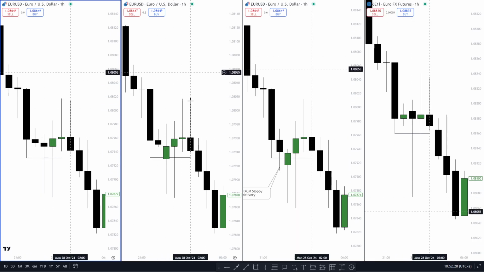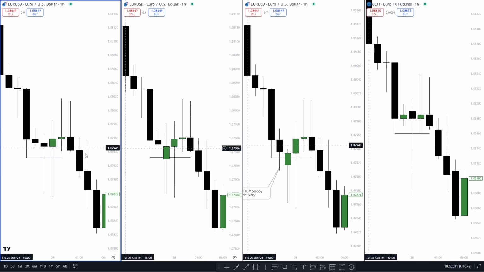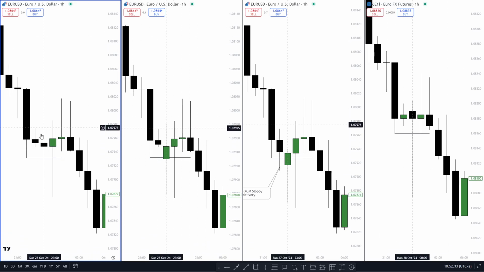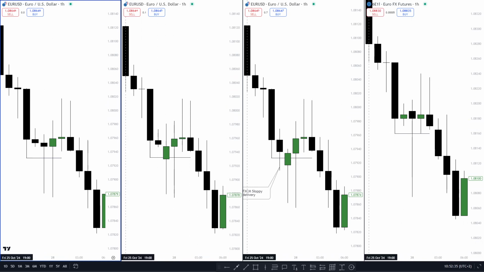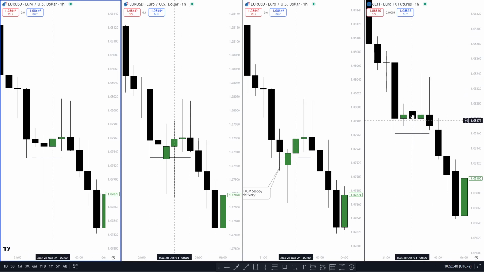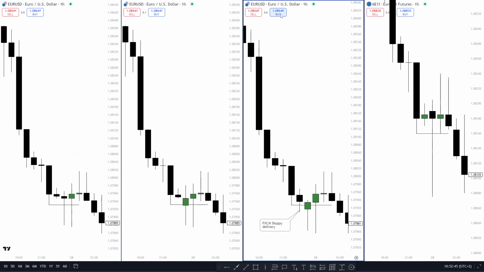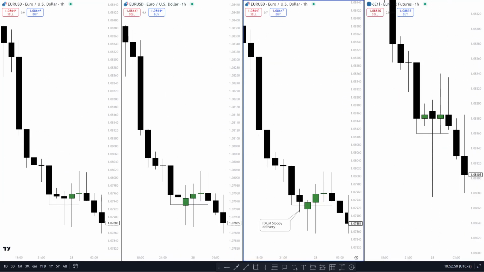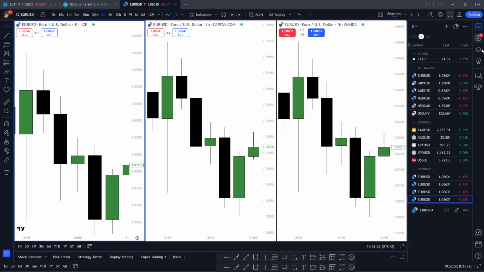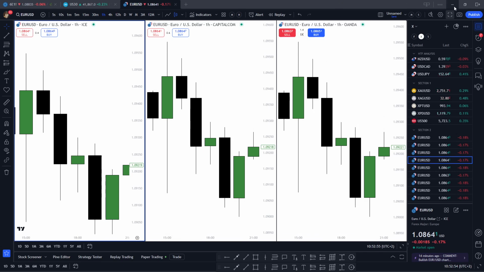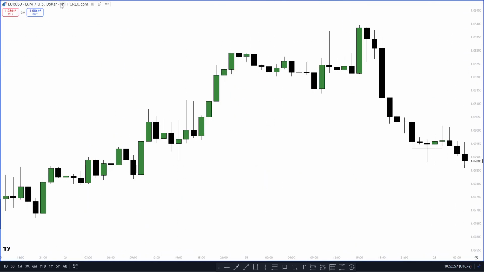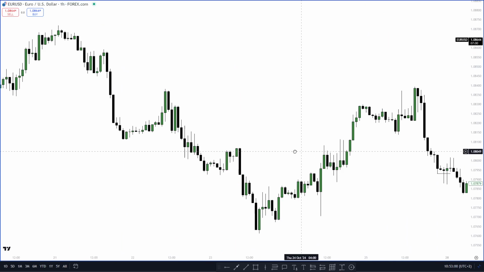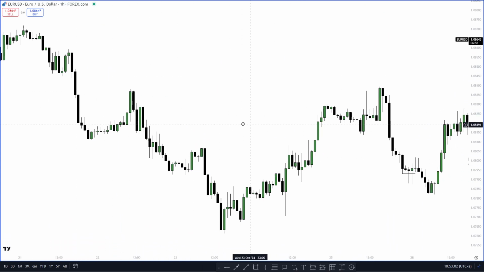Then you could see how Forex.com is the closest to the CME data. Okay, this is very sloppy, and this is FXCM. So from all the brokers, I would choose Forex.com for lower time frame analysis.